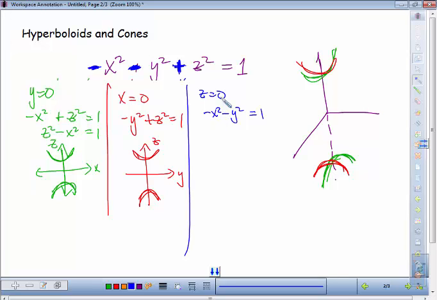So we have a negative number equal to 1, which is never going to happen. So there's no solution here. That means this surface doesn't cross the xy plane. Does that make sense? The surface does not cross the xy plane.